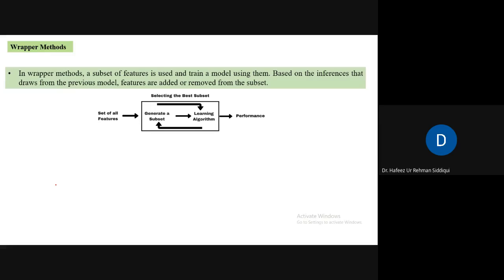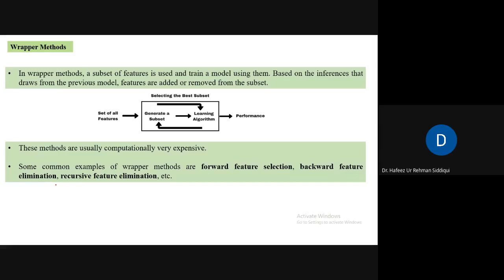You decide how many features you want to use in your performance. Should we use all the features or the minimum? You have to work around, and to do that you follow forward feature selection, backward feature elimination, or recursive feature elimination.